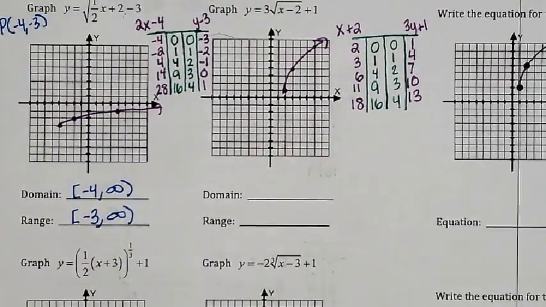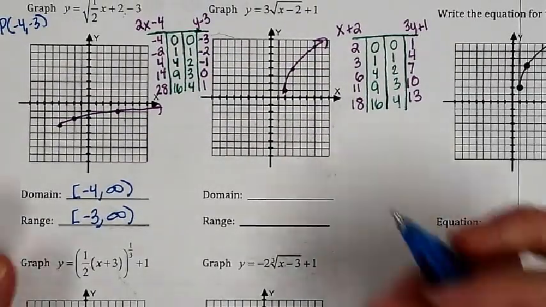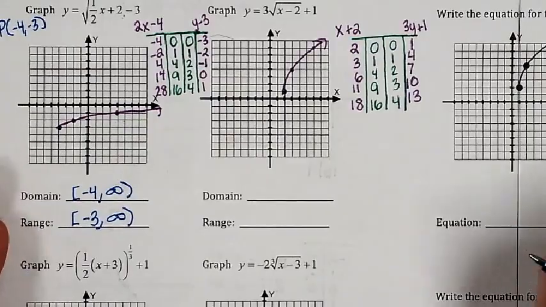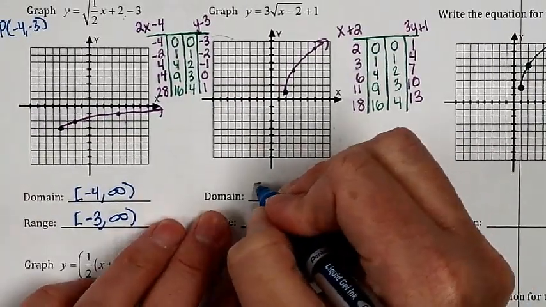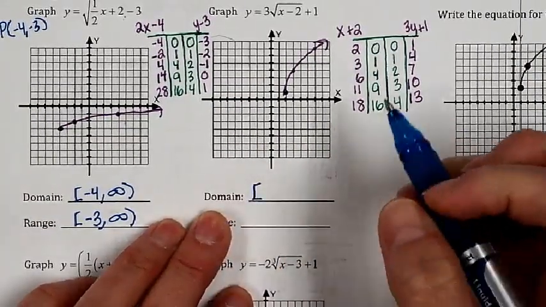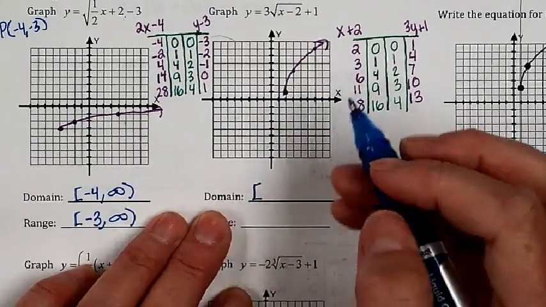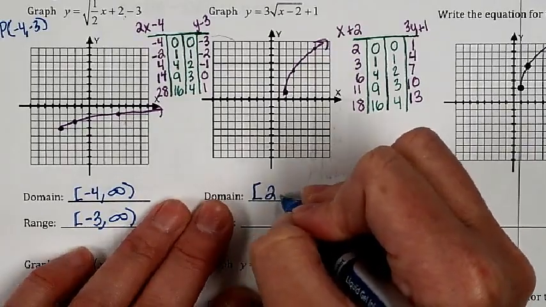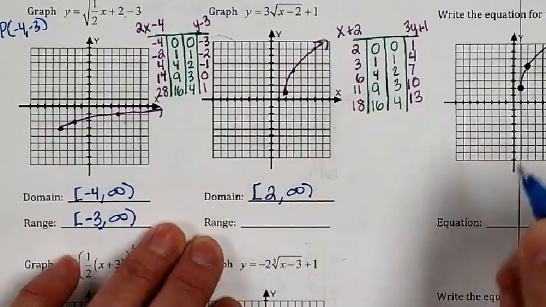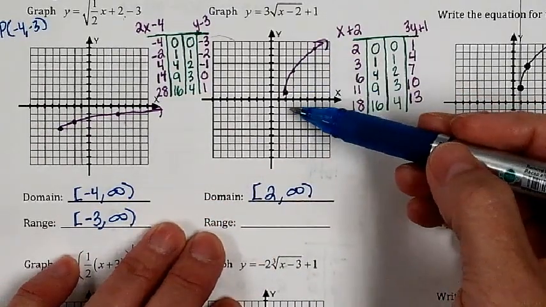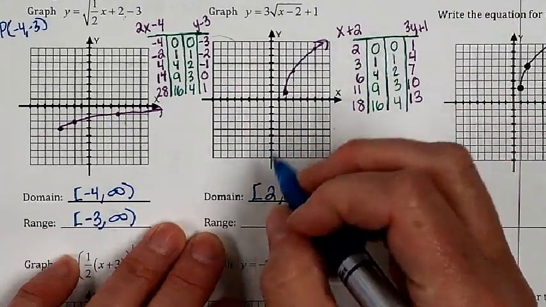Alright, so that's what my graph looks like. My new domain, my least x value is positive 2, so 2 to infinity. And in my range, my least y value now is positive 1, so 1 to infinity.